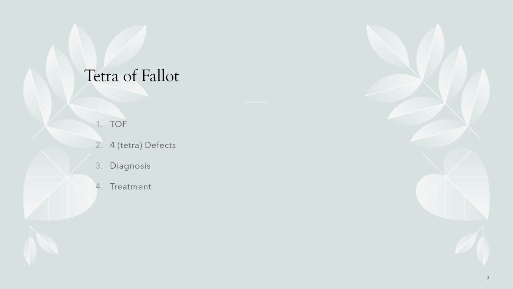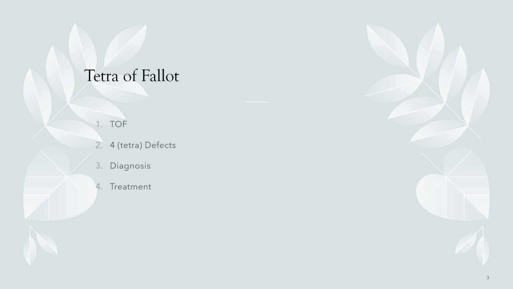And TOF is the most common cyanotic lesion in the adult population, and we will go into a little bit more about that later. And for definition, it is characterized by a combination of four defects, also known as the four or tetra defects.